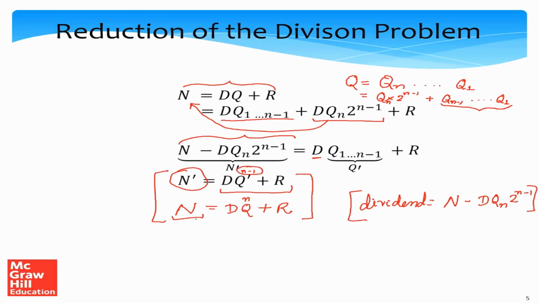Similarly, I can carry on in the same fashion. I can then have one more equation, which is d times q double dash plus r, where q double dash contains the last n minus 2 bits of the quotient. If I have some way of again figuring out the n minus 1th bit of the quotient, I can come to this equation. Similarly, I can go down, down, down till I reach one point.